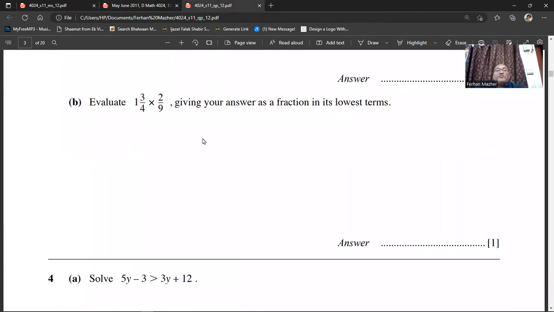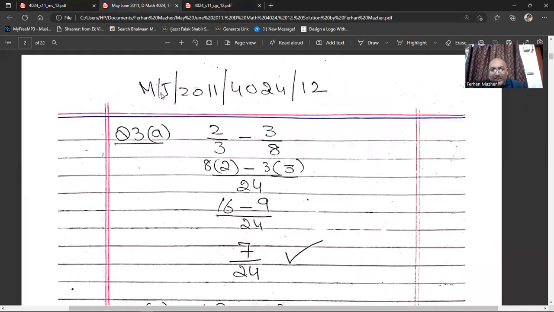Question number 3, B part. He says evaluate 1 whole 3 by 4 multiply 2 by 9, giving your answer as a fraction in its lowest terms. So here we have two fractions. They are multiplying with each other. So 4 ones are 4, 4 plus 3 is 7. So it will be 7 by 4 multiply 2 by 9. Simply you have to multiply them. The numerator will multiply with the numerator.